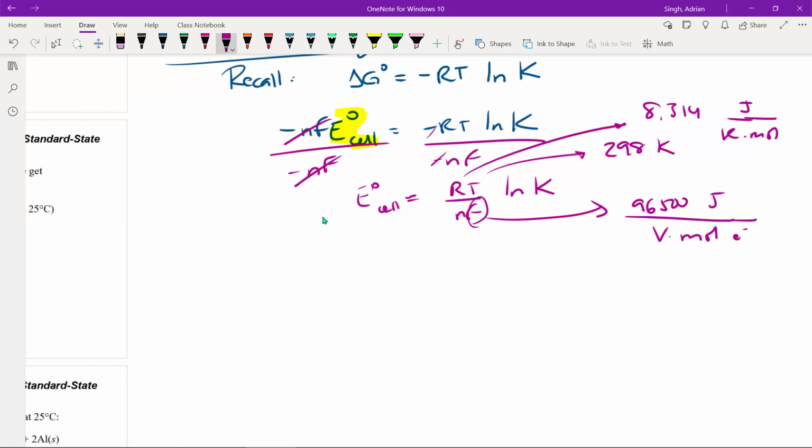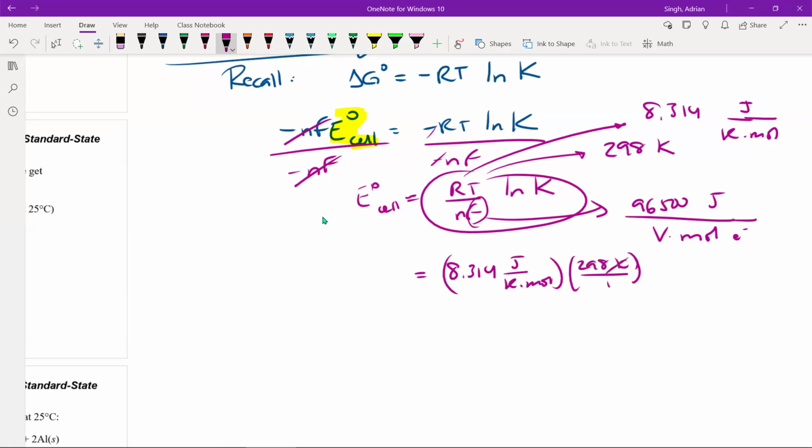And if we substitute all of these into our expression here, let's put those in. So we have 8.314 joules per Kelvin mole times T, 298 Kelvin, Kelvin cancels, over N times F, so F is 96,500 joules per volt times moles. And then we have ln of K over here on the right side.